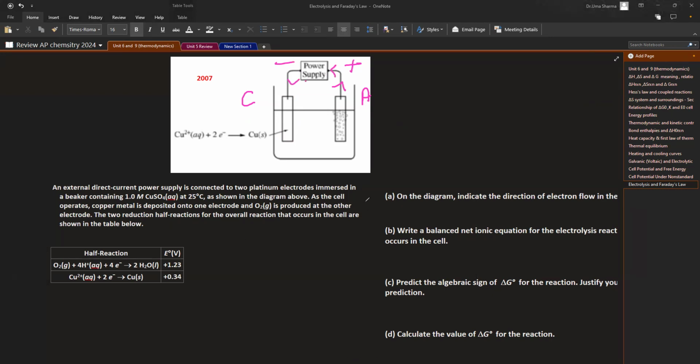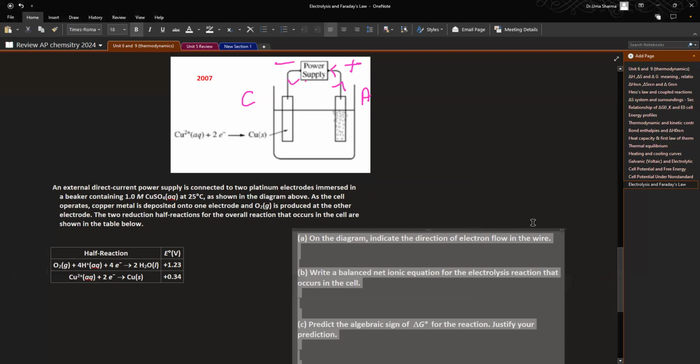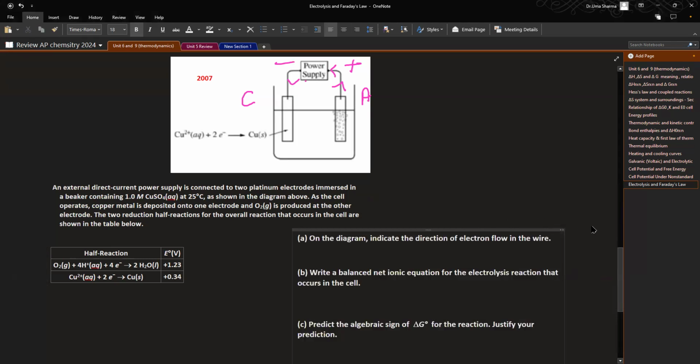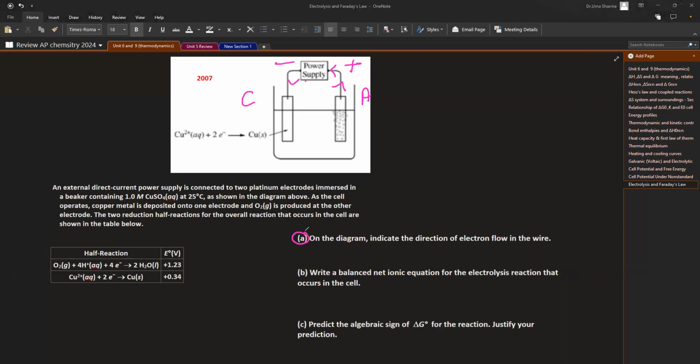Oh, we did answer A part, right? Can you see the A part? Here. We have answered A part. Indicate the direction of electron flow in the wire. This is anode to cathode. We are going to write B part.